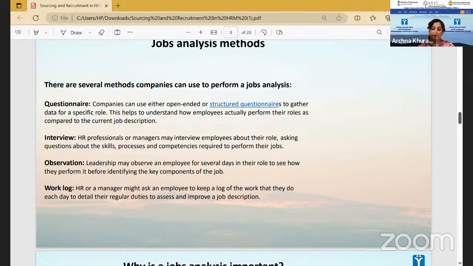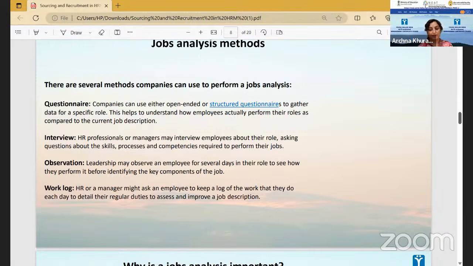So you need to map every time, every 6 months or every year or 2 years, depending upon the size of the organization and the changes being introduced in the company. So you need to keep rewriting your job descriptions every 2, 3 years. Right. So one is through questionnaires, structured questionnaires. Then interviews, a similar kind of thing to what you do in a questionnaire, you are now just doing it in a verbal format, which is through interviews. So you have a set of questions that is ready with you.